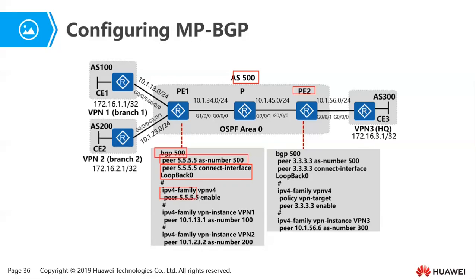After that, we use the IPv4 family, VPNv4. Then we enable the peering. After we've done that, we use this command, ipv4-family vpn-instance VPN1, peer 10.1.13.1 as-number 100.